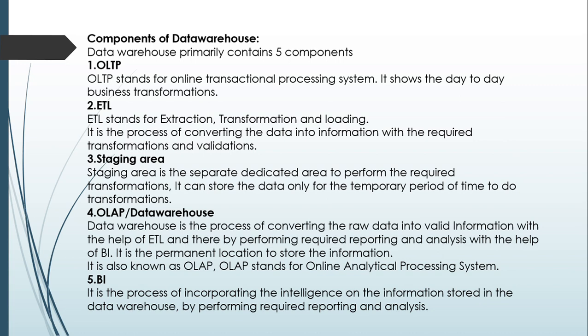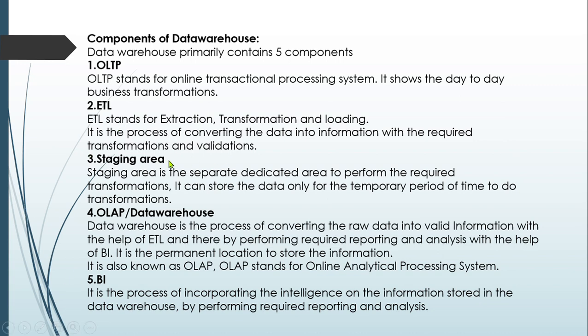That means all the transactional information is available in OLTP servers. So coming to ETL. What is ETL? ETL stands for Extract Transformation Loading. It is a process of converting the raw data into meaningful information, with the required transformation and validation. That means we'll do all the transformations and validations in this ETL process.